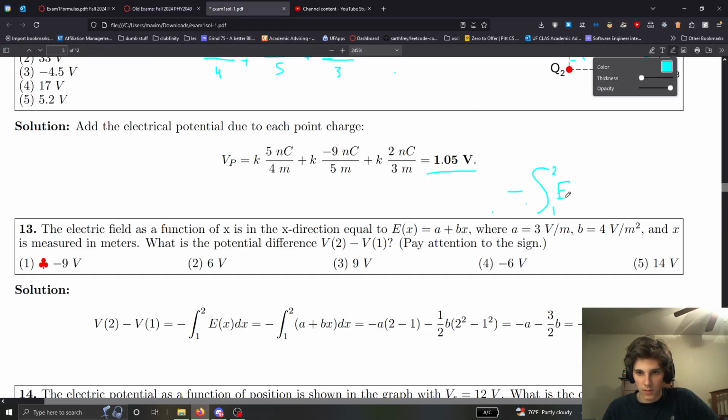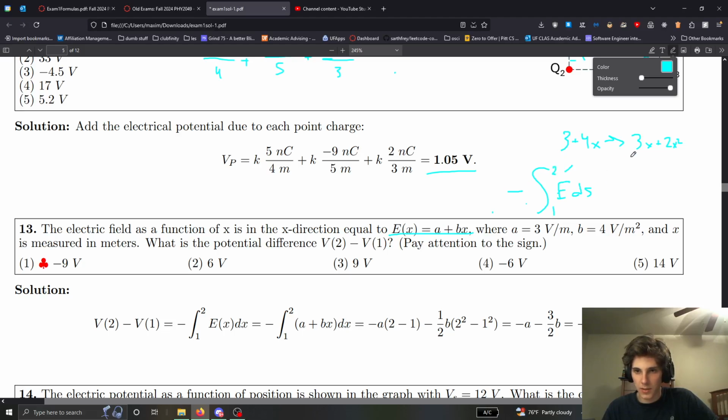So E ds. When we integrate this here, a plus bx, we're integrating over x with respect to x. So 3 plus 4x, when you integrate, it will become 3x plus 4x squared over 2, or 2x squared.